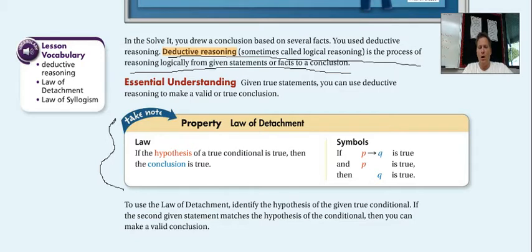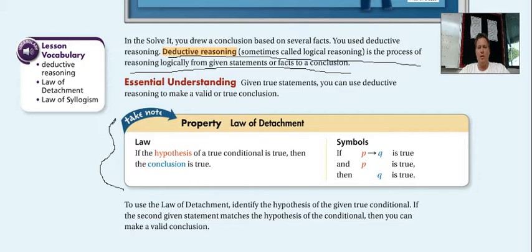All right. So our law of detachment right here. What it says though is if we have a true conditional. So remember, our conditional is the if-then. So if we have a true conditional statement, then if our hypothesis is true, then our conclusion would be true.